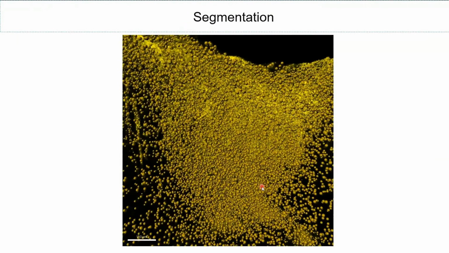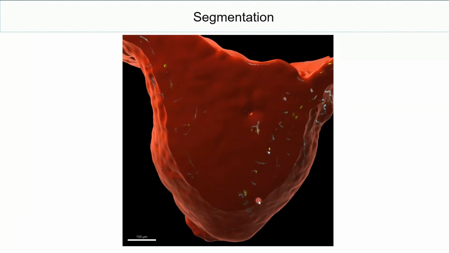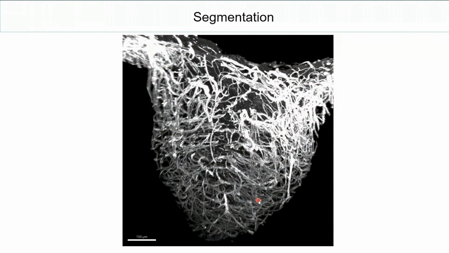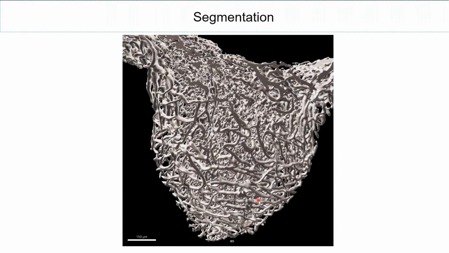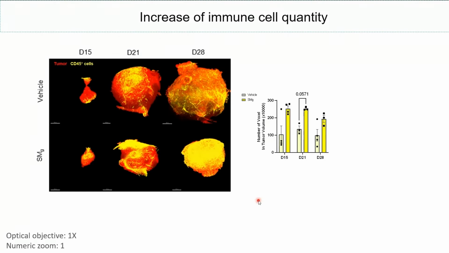And then we quantified the density of the immune cells present only in the tumor to understand if the treatment, the Smac mimetic treatment, could modify the density of the immune cells inside the tumor. So this is the results we obtained.